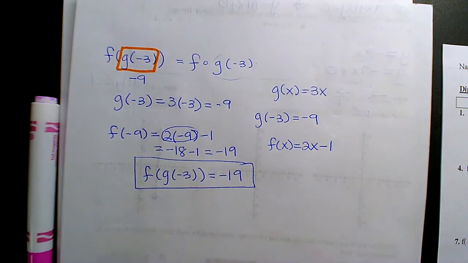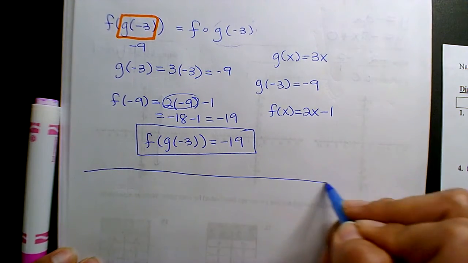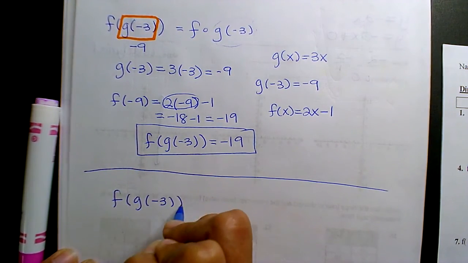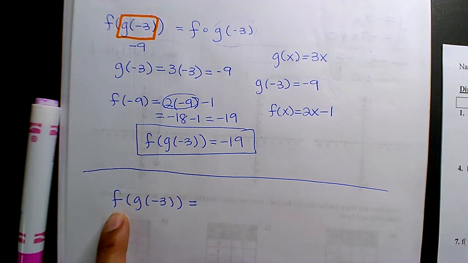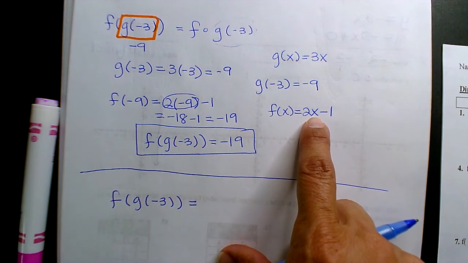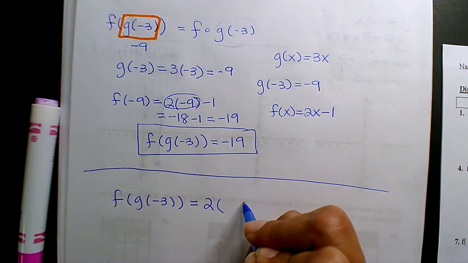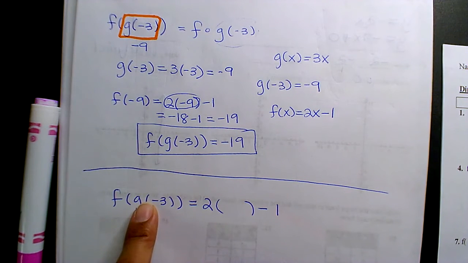You have to be careful with this, but if you wanted to do it in one shot, sometimes it's easier than others. The function f is 2x minus 1, but in place of x, I'm going to substitute the g function.